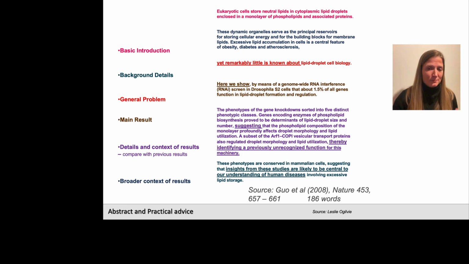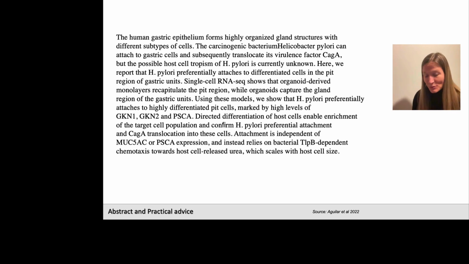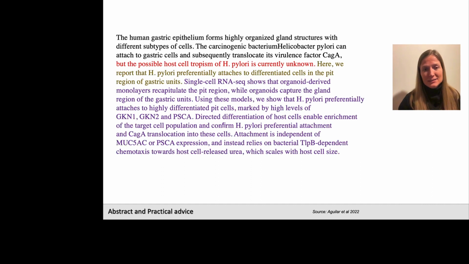Okay, now one example from the Helicobacter paper. I put the colors into this, and what did I do? Well, I stated the overall introduction. I state the gap of knowledge: the possible host cell tropism of Helicobacter pylori is currently unknown.